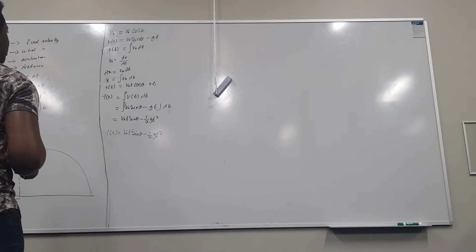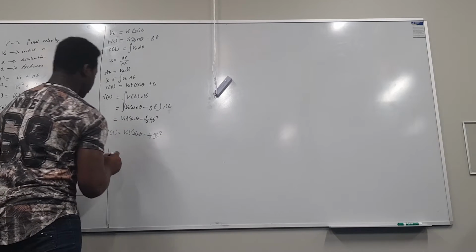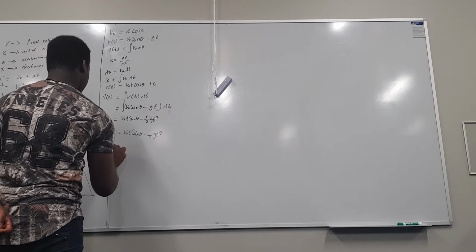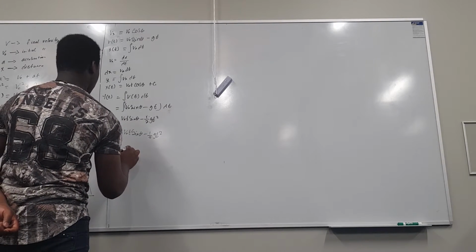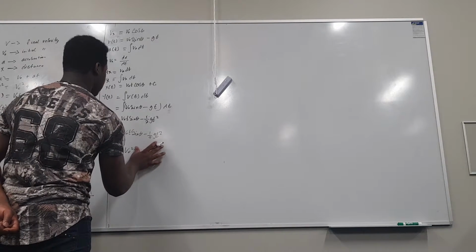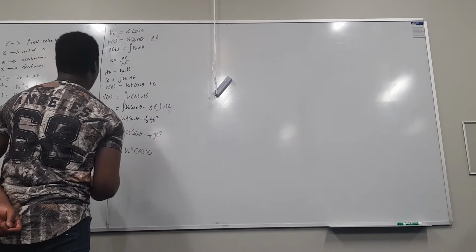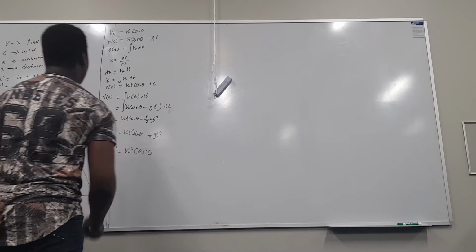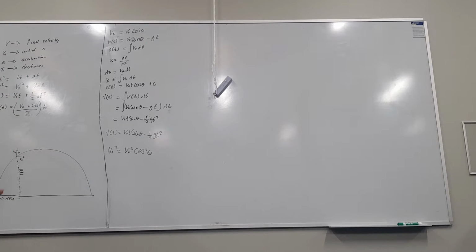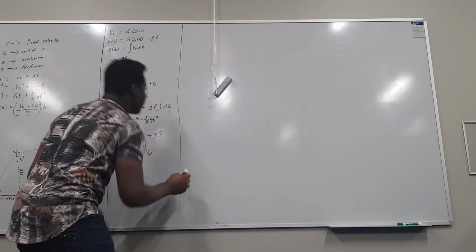So for this case, we know what Vx squared is. Vx squared is equal to V naught squared cos squared theta. Now we have to do some algebra for Vy squared.